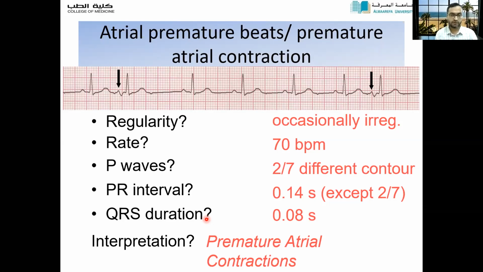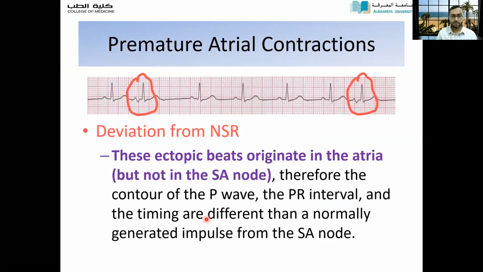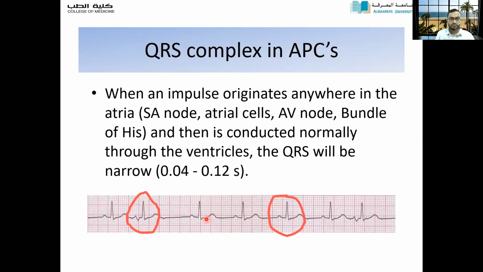So whenever you see APCs, they should be investigated. It may not be a thing to worry about, but it needs to be investigated. What is the reason for it? Premature atrial contractions can lead to some very serious arrhythmias.